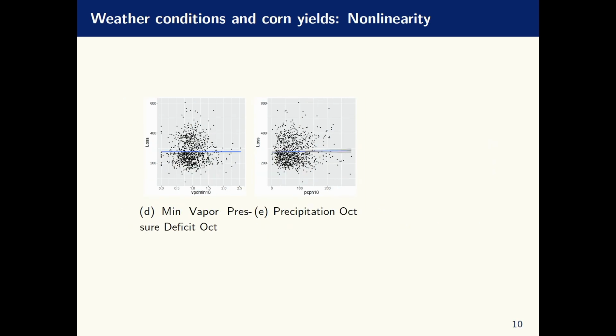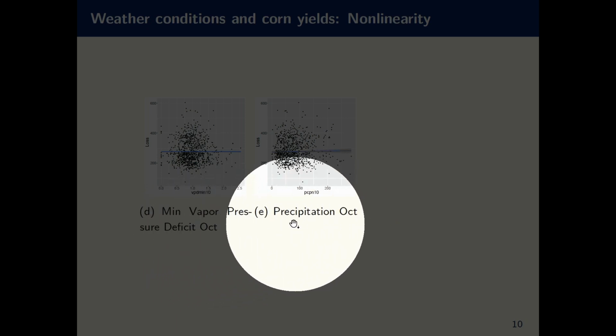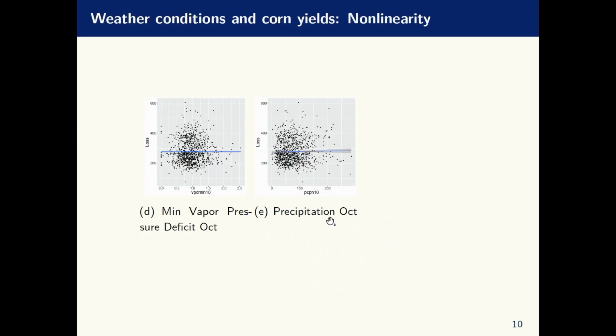Now, more than that, we can show another interesting result. If we look at these two panels, which again are univariate results, panel A is minimum vapor pressure deficit in October, and panel B is precipitation in October. If you look at these two graphs, you see that production loss is kind of independent of these two variables.